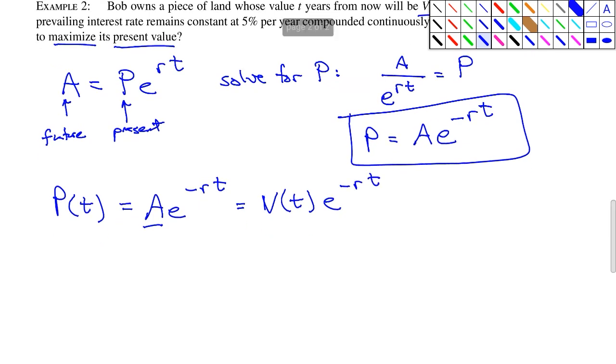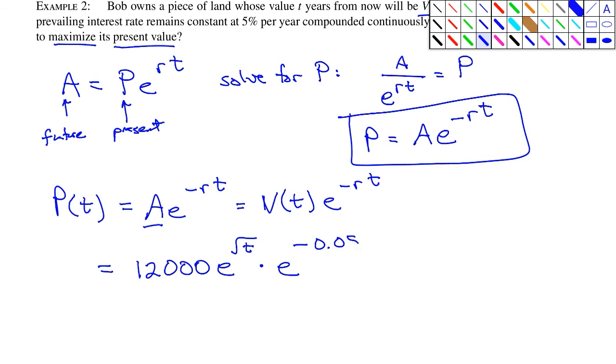And I'm going to bring in our numbers now. So the V of t function was 12,000 e to the square root of t times e, and the prevailing interest rate was 5%. So I'm going to substitute that in for r. The negative is now part of the formula. So the exponent is negative 0.05 t.